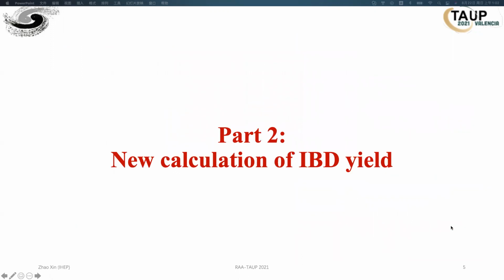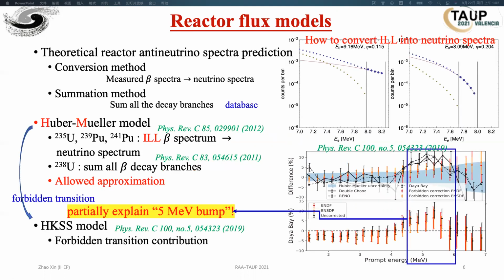Here is part two, the new calculation of IBD yields for different models. In theoretical calculation, we use two different methods to obtain the theoretical reactor antineutrino spectrum. One is called the conversion method. It works on converting the measured beta spectrum into neutrino spectrum.